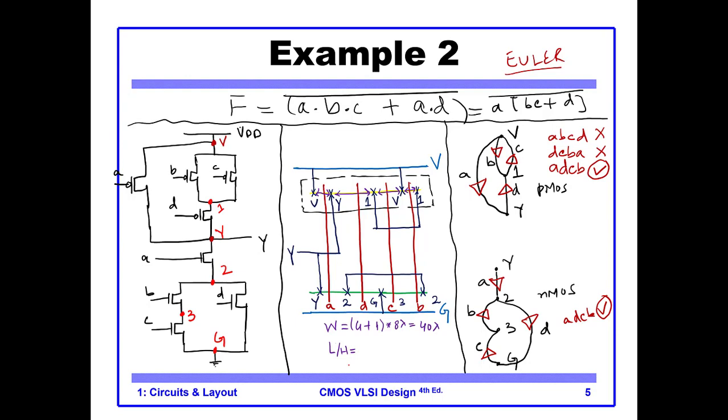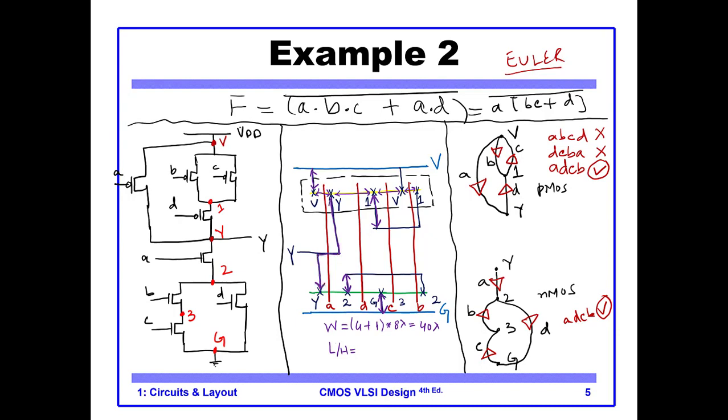For this, consider that I have this one, okay, then I have this one, 2, then I have this one, so 3, then I have this one, 4, and I have this one.